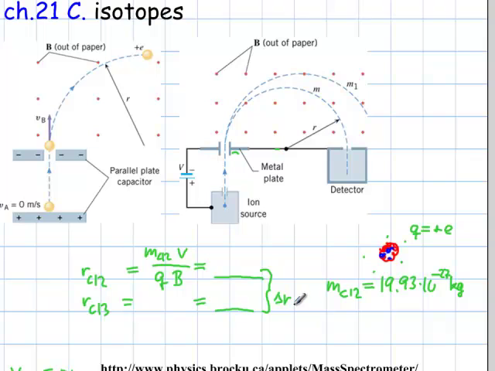But that's already what I did on the calculator. So the difference between the two, and again, just like I did on the calculator, that would have to be multiplied by 2. So subtract and then 2 times that delta R.